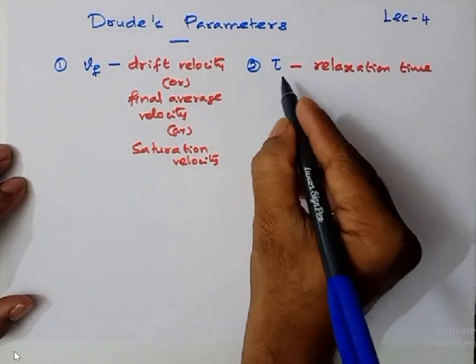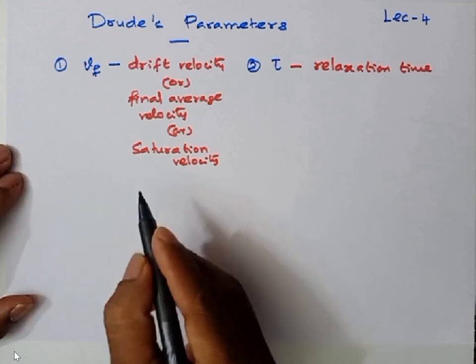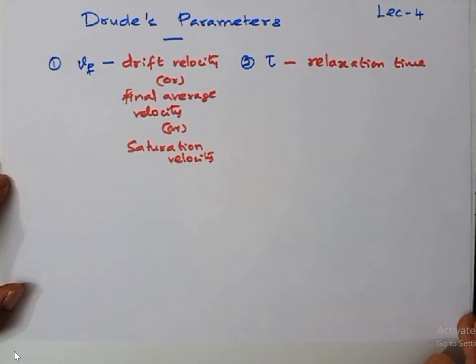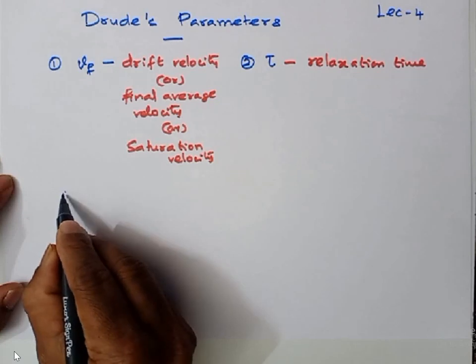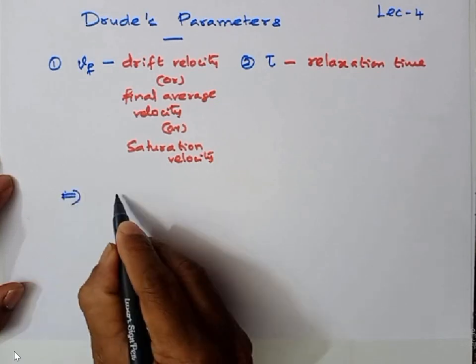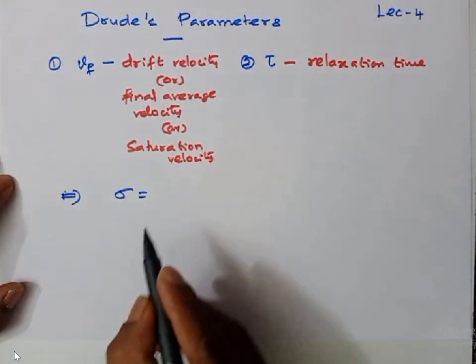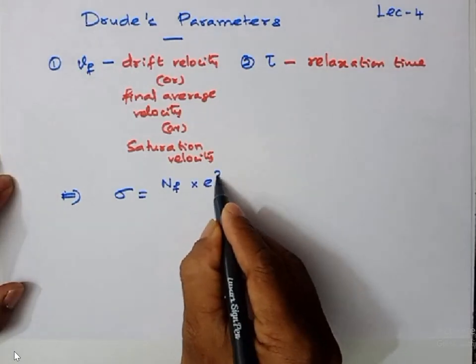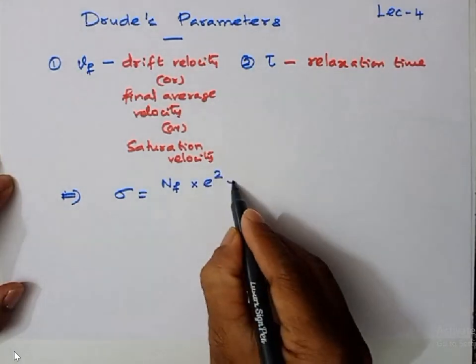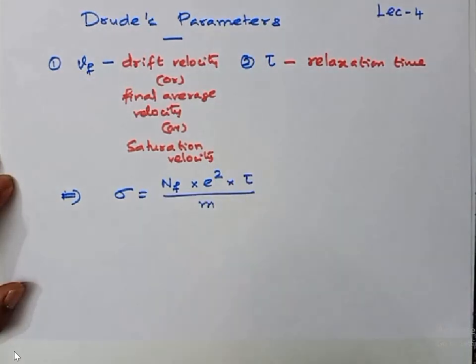Now, how to calculate these quantities? It's very simple. To calculate tau, you can make use of the conductivity formula. From Drude's equation, sigma is equal to the number of free electrons per unit volume into the square of the charge on the electron into relaxation time tau divided by the mass of the electron m.